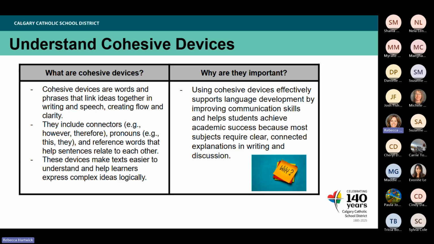Providing this skill to our students by explicitly teaching it opens a lot of opportunities for them and allows them to take part in those high rigor academic classes and continue their education further afterwards as well. Of course, we want to be setting up all of our students for success and allow them the opportunities to access those educational opportunities.